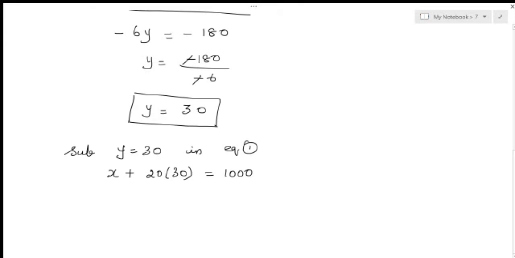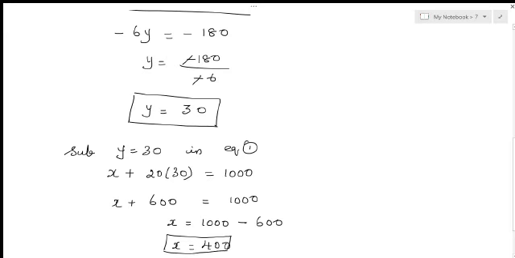X plus 20 into 30 is 600 equal to 1000. So your x is equal to 1000, take plus 600 to the other side, it will become minus 600. What is the value of x? 1000 minus 600 is 400. So you got x as 400.